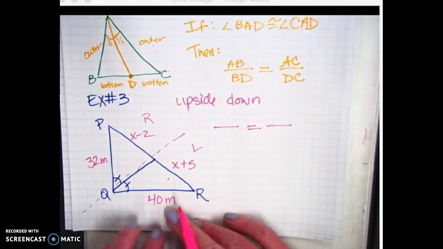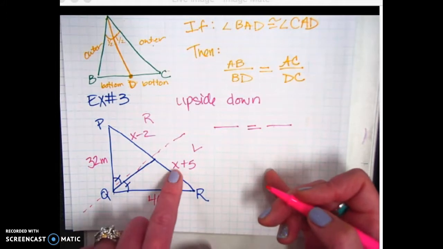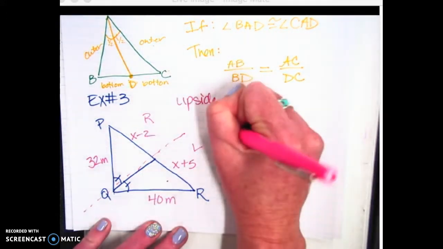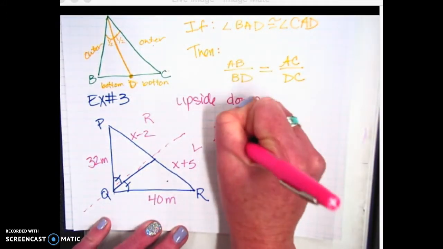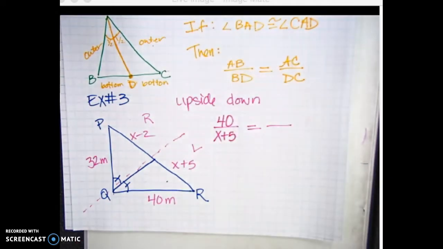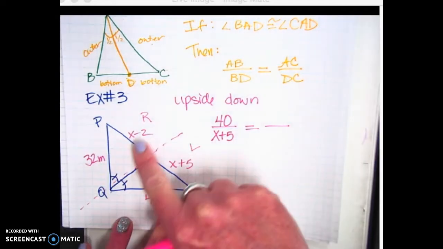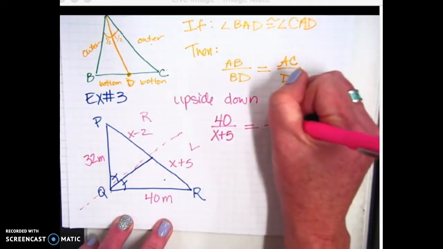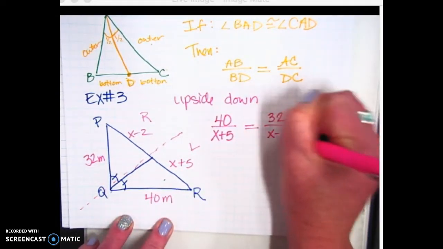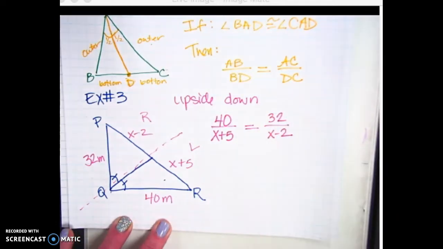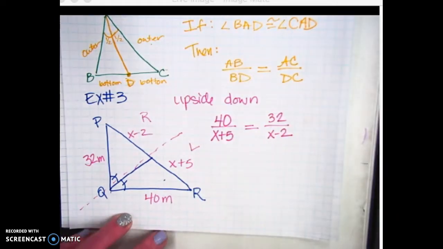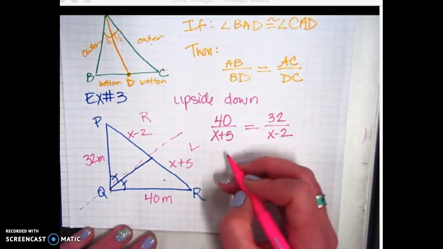So on the left side, you're going to do your outer, which is 40, over your bottom, which is x plus 5. So 40 over x plus 5. And then on the right side, you're going to have your outer, which is 32, over your bottom, which is x minus 2. And then you're just going to solve your proportion like you've been getting good at.